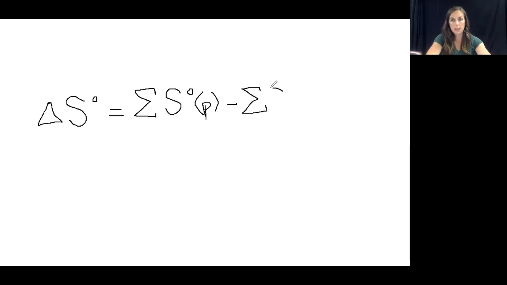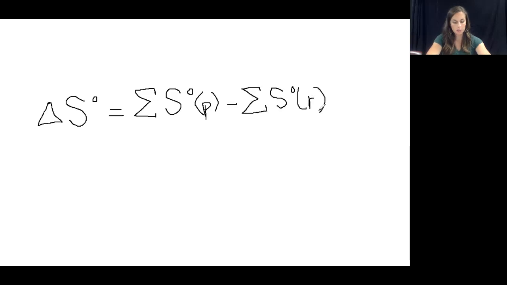That means standard conditions, is equal to the summation of the standard entropy of the products, I'm just going to put P for products, minus the summation of the standard entropy of your reactants.